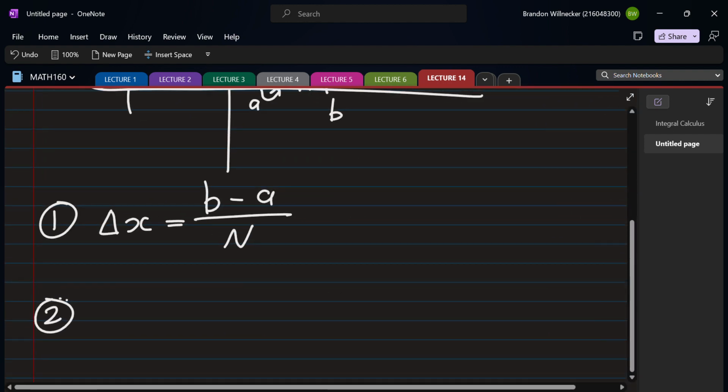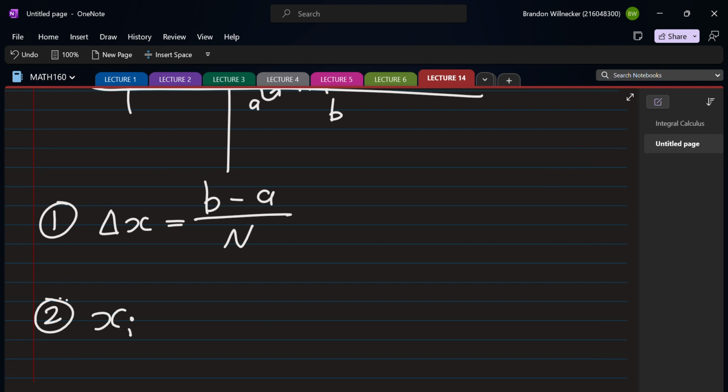So we can write that down as xi, for the ith rectangle, is A, our starting point, plus i delta x, where i is the number of times that we hopped. If i is 0, we're just at the start and we get A. If i is 1, it's A plus delta x. If i is 2, it's A plus 2 delta x, and so on, all the way up to that last rectangle.